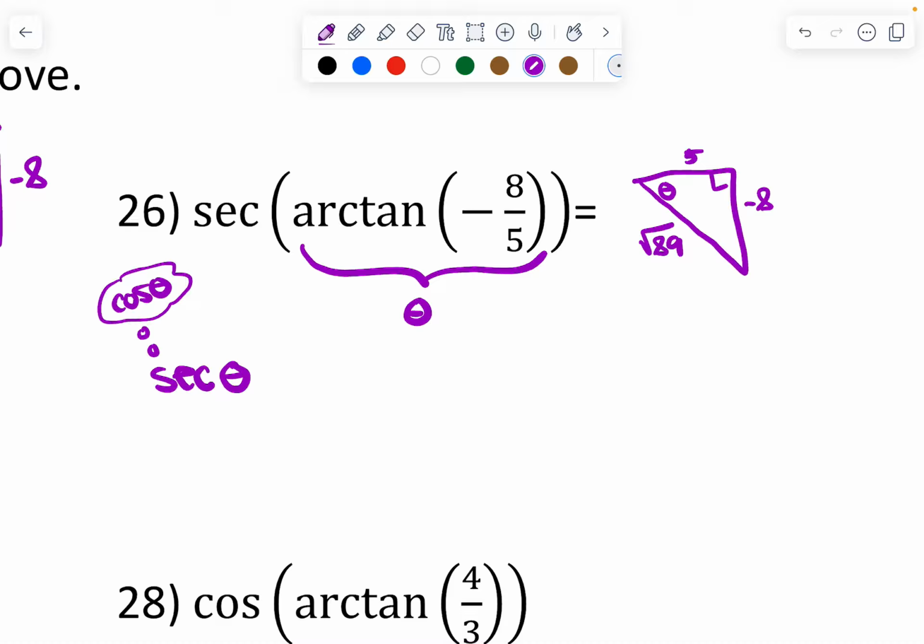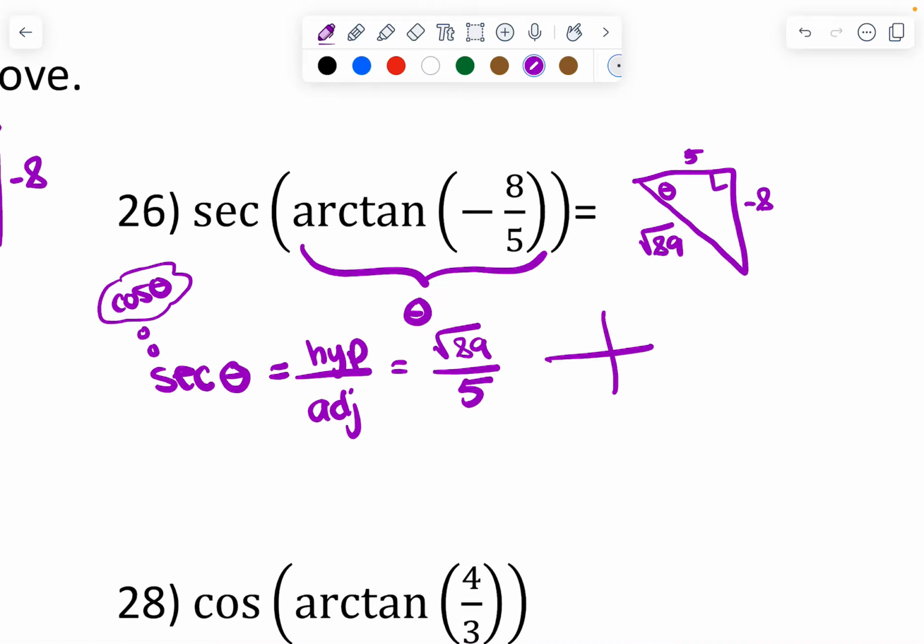So cosine is adjacent over hypotenuse, the CAH, which means secant is going to be the reciprocal. So we will have adjacent for cosine, so we'll have hypotenuse over adjacent. The hypotenuse for this triangle is root 89, and then the adjacent side is 5, which makes sense because cosine is the x values, all right?